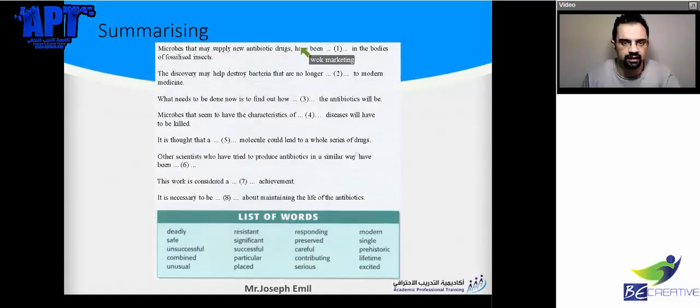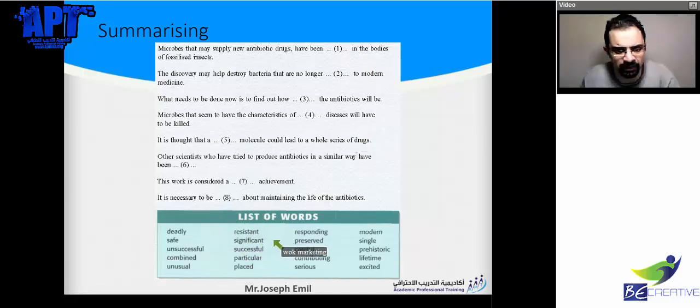So here are the answers. Microbes that may in the bodies, so have been isolated or found or something like that. Deadly, safe, successful, combined, usual, significant, replaced, no. Preserved, maybe. Careful, contributing, serious, modern, single, prehistoric, excited.